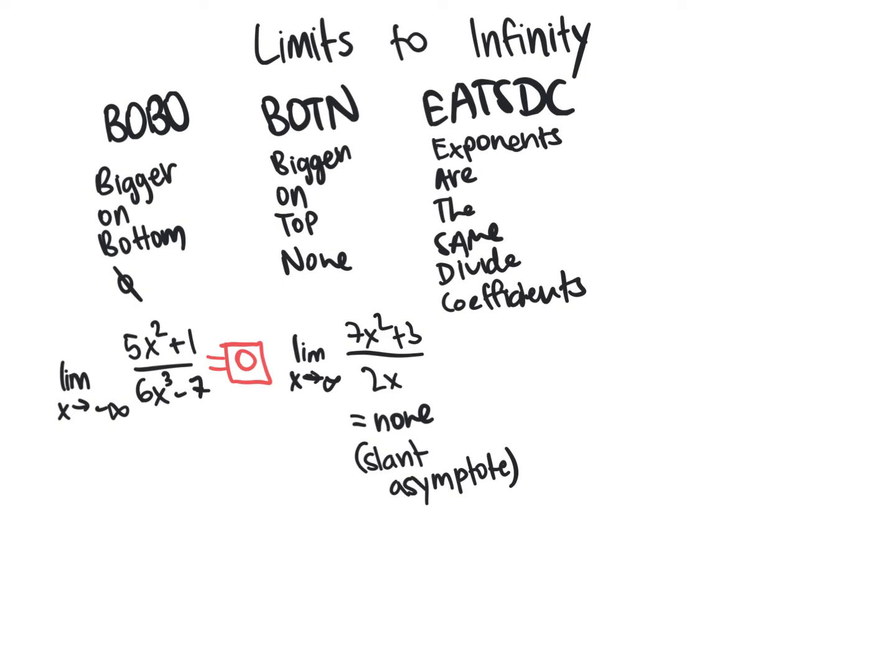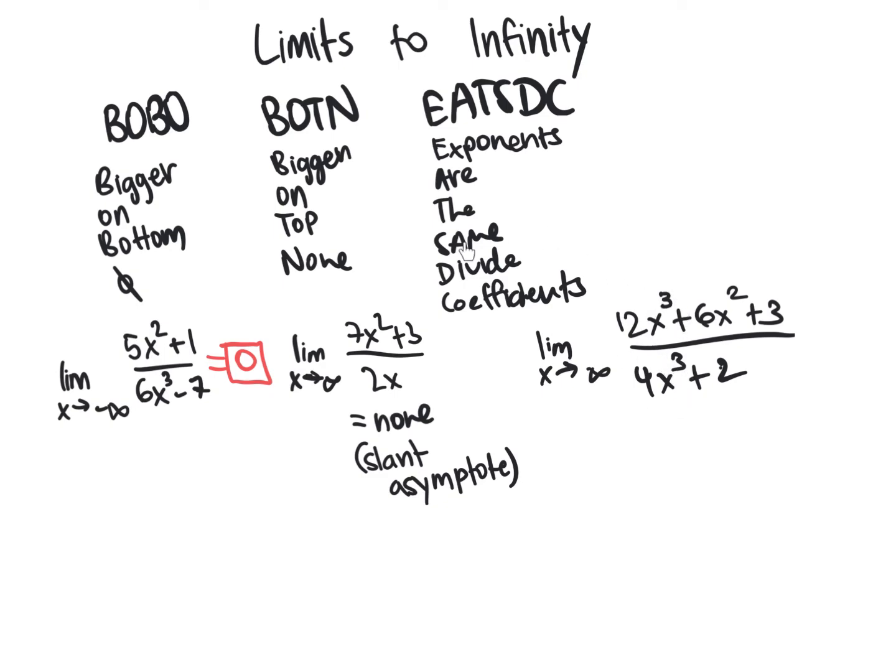Now, EATS. This is the weirdest one. So, we have our limit as x goes to infinity of, let's say, 12x cubed plus 6x squared plus 3 over, let's say, 4x cubed plus 2. Now, we have all this jumble going on here at the top, and at the bottom, but we do have our biggest exponents, which are 3 and 3.